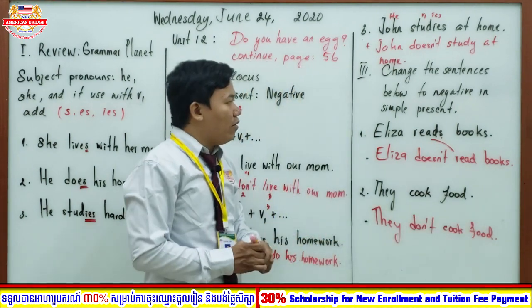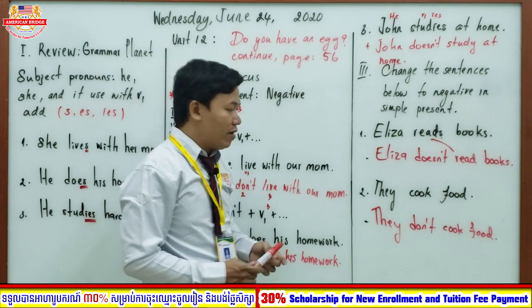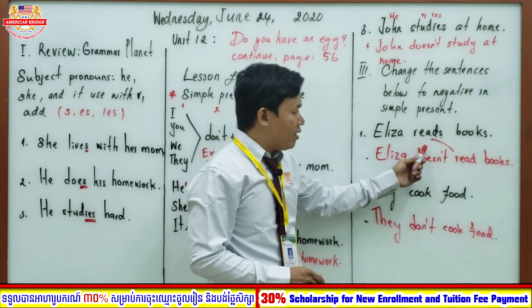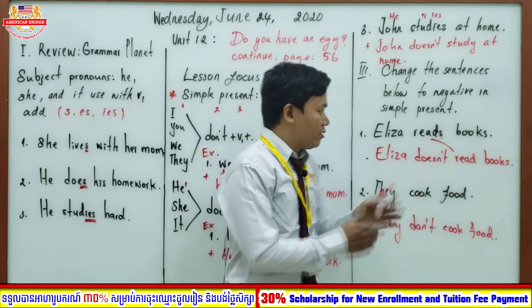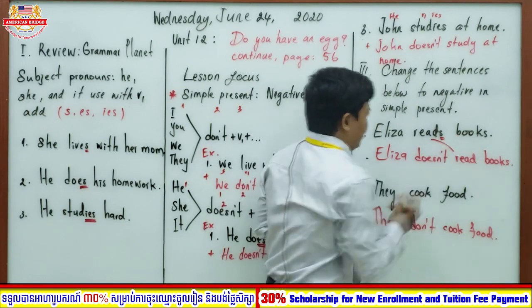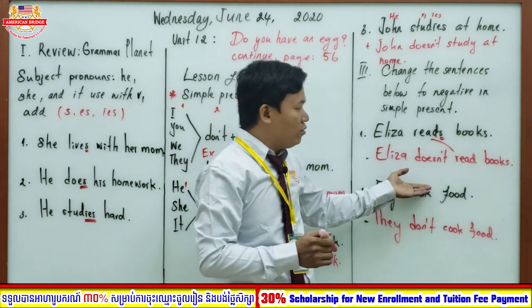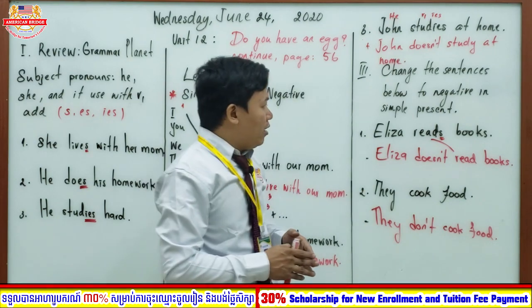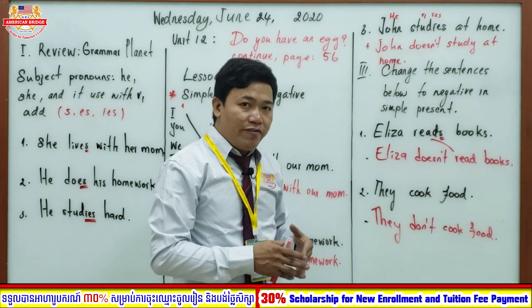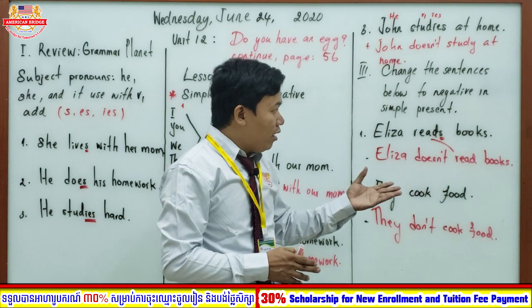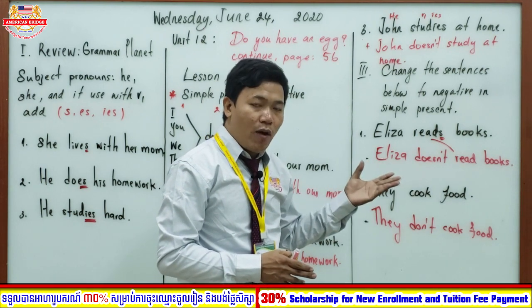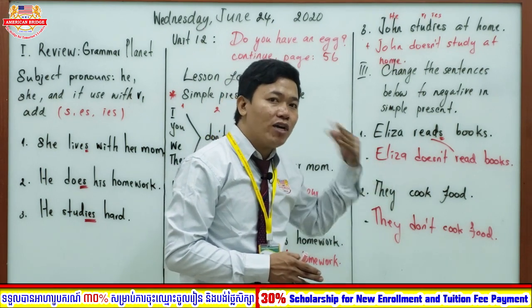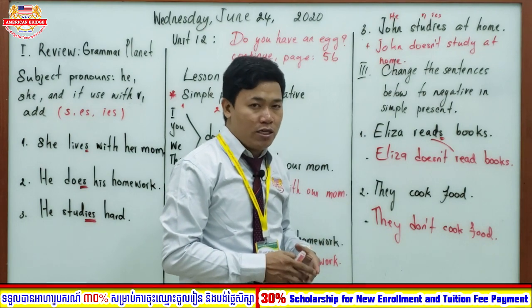Okay, read through our exercise practice before we end our lesson. Eliza reads books. This has S. But when we change to negative, I tell you, in affirmative form, we put S, ES or IES based on the verbs used with subject pronoun he, she, it.